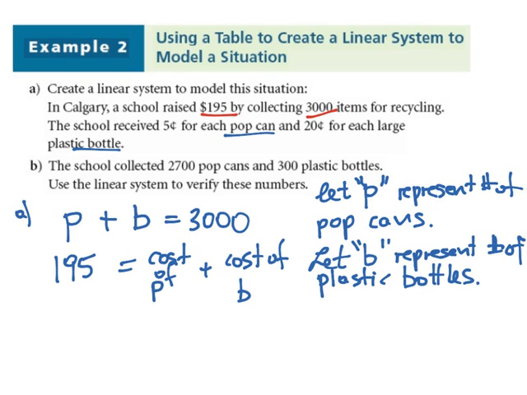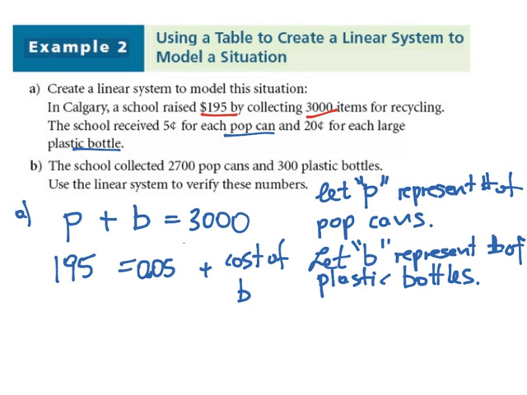But how do we find the cost of these? We know that each pop can is worth 5 cents, or 0.05. And we do not know how many of these pop cans there are.